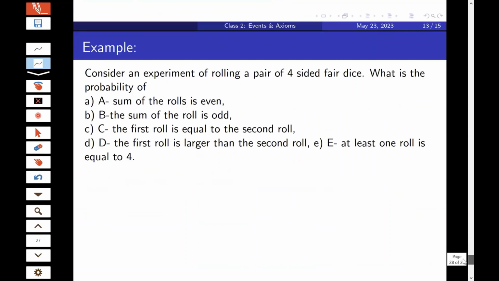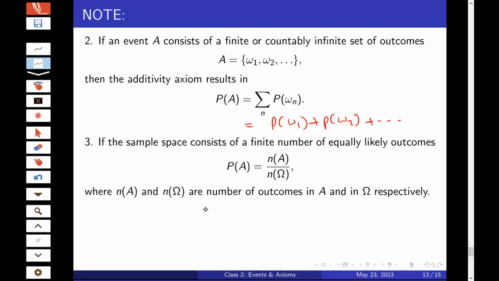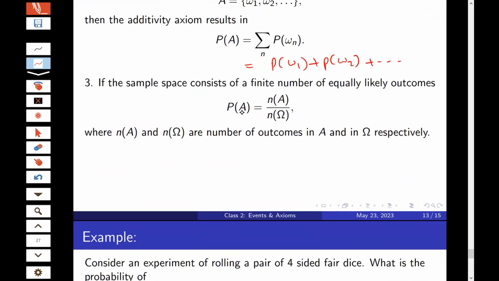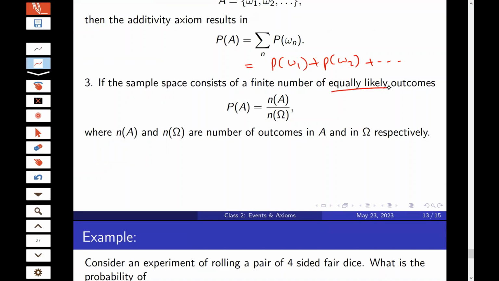And final note, okay, so the last note before the example. If the sample space consists of a finite number of equally likely outcomes, we will discuss this one again. Okay. That means each outcome has the same chance to occur.